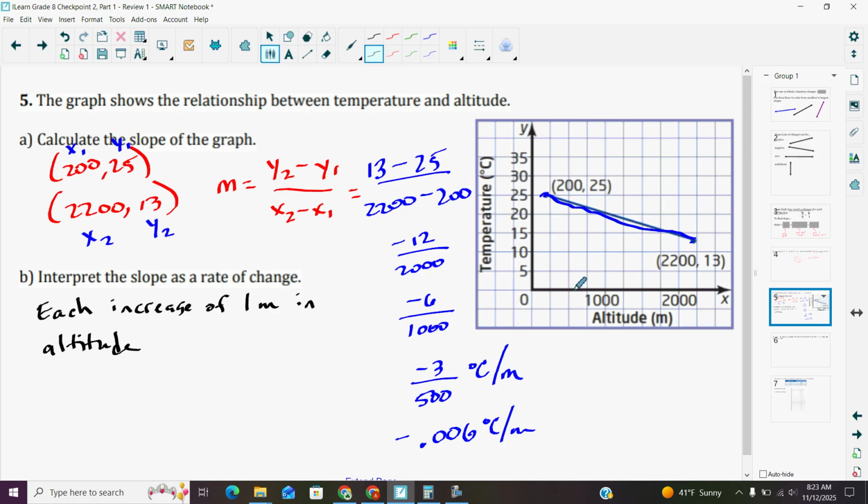Each one change in x has a negative slope, so has a decrease of 0.006 degrees Celsius. The temperature decreases by 0.006 degrees Celsius each 1 meter gained in altitude. Each time I increase x by 1, the y value goes down by 0.006.